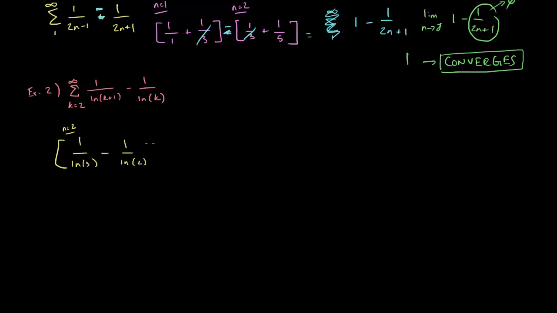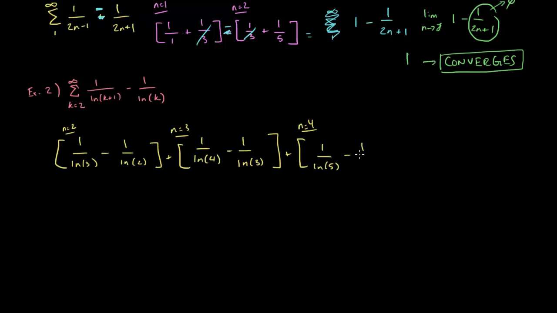I'm going to add that to n equals 3, which is 1 over ln of 4 minus 1 over ln of 3. And I just keep adding, so I'm going to do maybe one more. For n equals 4, I'm going to have 1 over ln of 5 minus 1 over ln of 4. And now you can see that the 1 over ln of 3 terms cancel out, so I'm just going to cancel those two out.